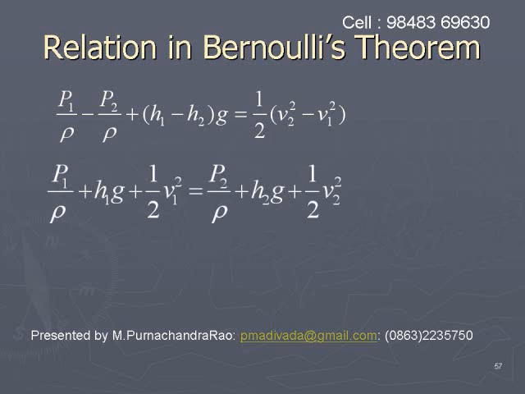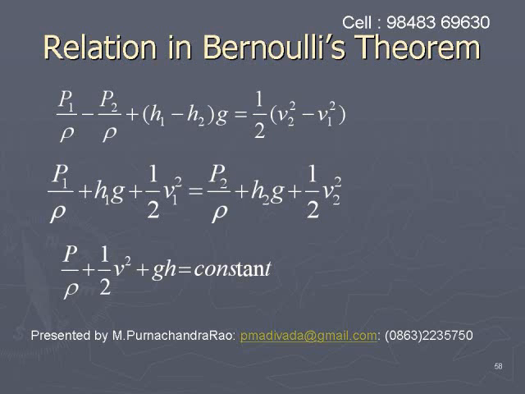This can be rearranged into P1 by rho plus H1 g plus half V1 square is equal to P2 by rho plus H2 g plus half V2 square.